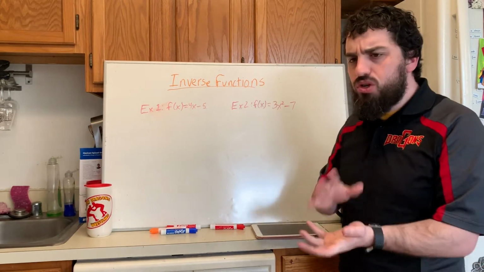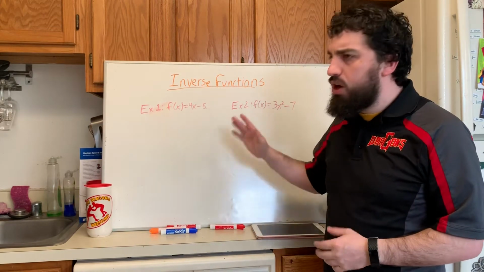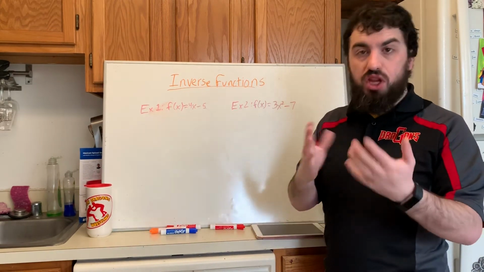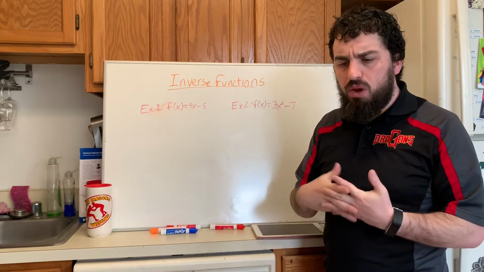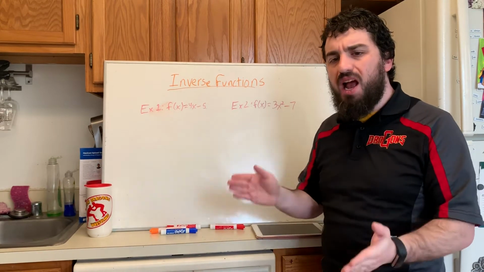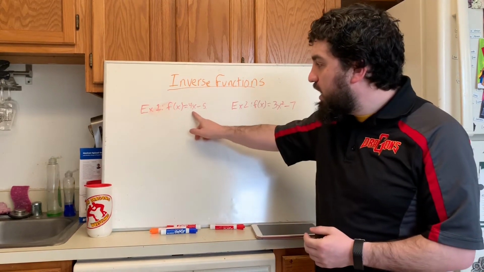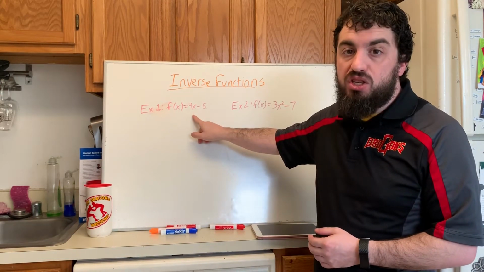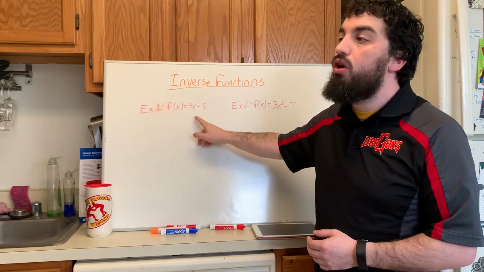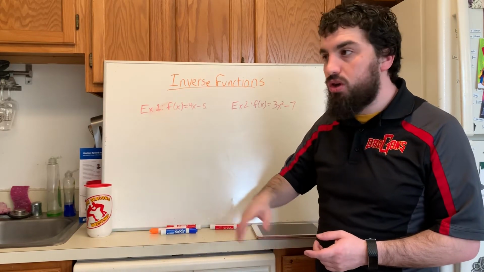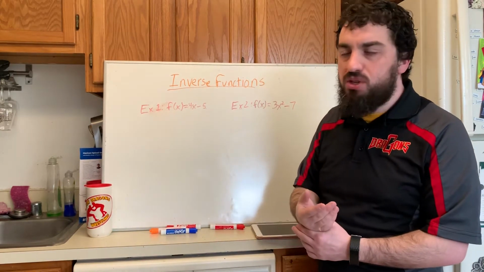So what it means for something to be an inverse of another function is it's the opposite function. And what we mean by opposite is our x and y values are flipped. So for any x comma y pair that makes this function true, for its inverse, we're actually going to get the opposite ordered pair.